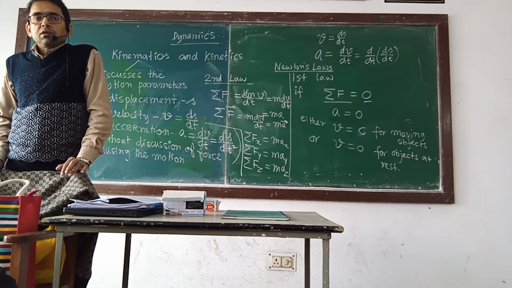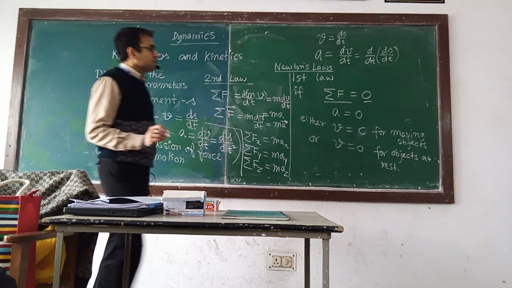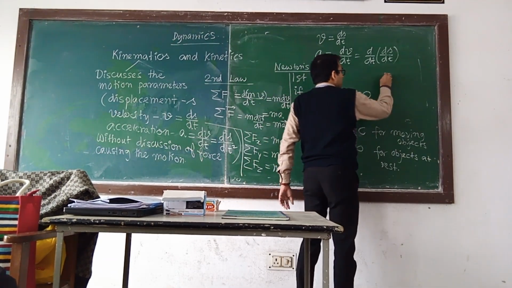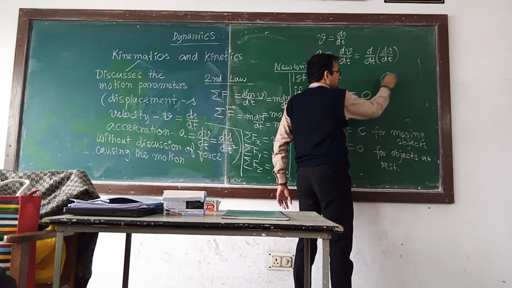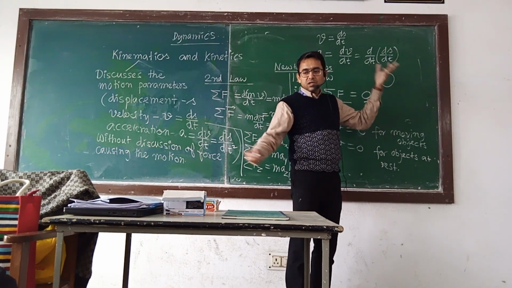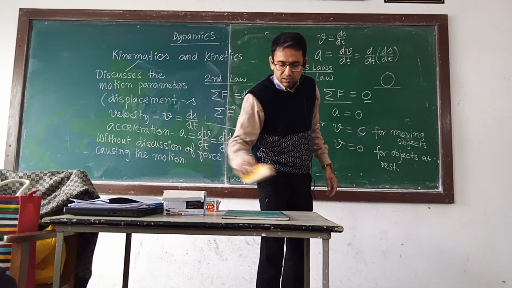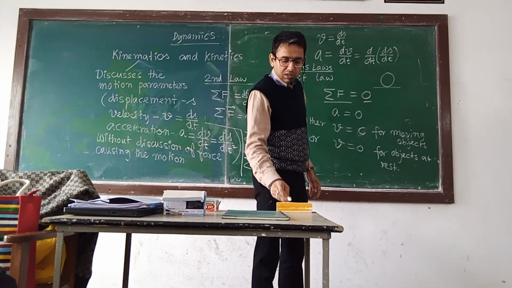Right? So that means what? First law, second law, do you understand? That means if one object is static, if there is no force on it, that means the resultant force is zero. Maybe there are forces, for example, this object is stable on this. So there are two forces.